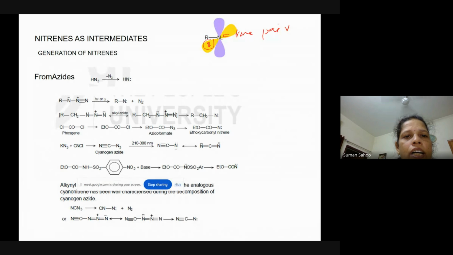So we can count them as your lone pairs. Okay, so how are these generated? This can be generated from hydrazoic acid, HN3, by the removal of nitrogen. It gives you these nitrenes, and these are alkyl nitrenes. When we treat azides in presence of light or thermal decomposition, that gives you nitrenes, and nitrogen gas is released here.